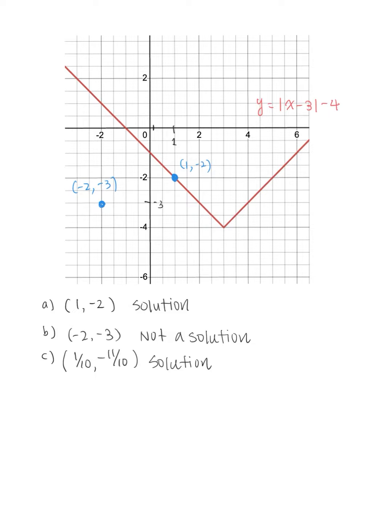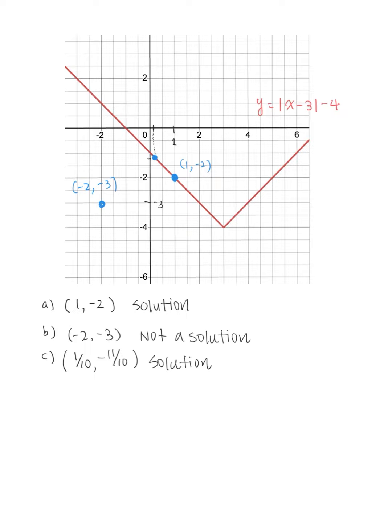So that's the same thing as negative 1 and 1/10, right? So we're going to have to go negative 1, and then you're going to go 1/10. So it's going to be really, really little. So maybe it's like right here. Notice that, I know it's probably really difficult to see, that point also lies on the graph.